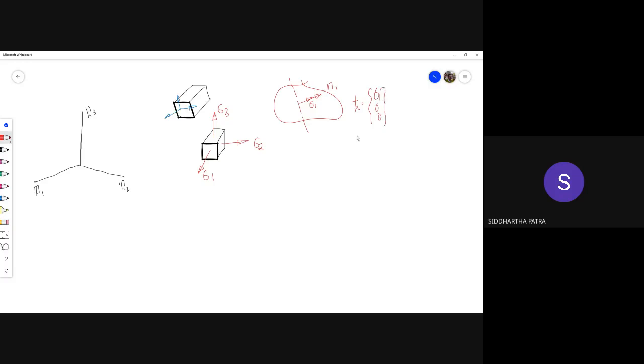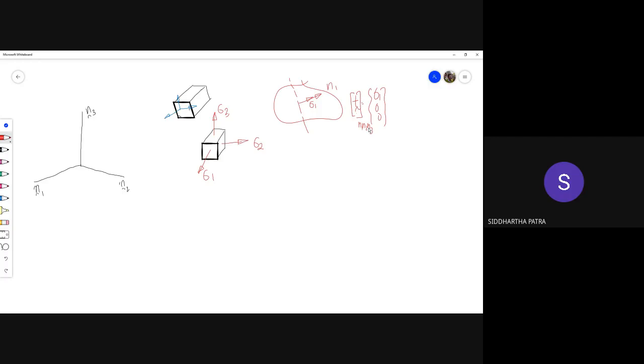That's it. Now again, this is the traction vector represented in the n1, n2, n3 coordinate system. So that needs to be clear.